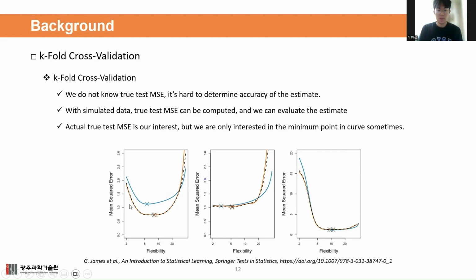We can estimate this true MSE curve, but sometimes we are only interested in the minimum point. So the cross-validation method can be used to estimate the minimum point, and we can determine the flexibility that can be used for the optimal estimator.